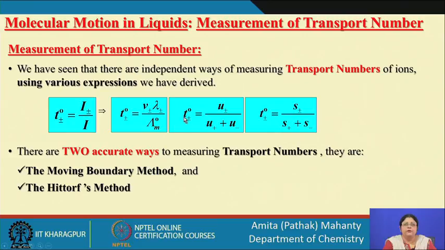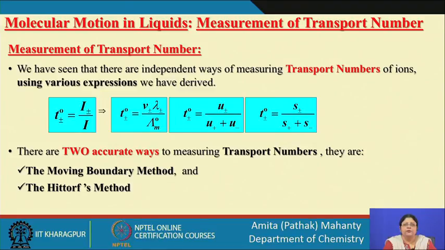And also we have seen that if you take the ratio of the ionic mobility of any of the ions divided by the ionic mobility of both the ions present in a system, we were essentially talking about one type of electrolyte where we can generate one type of cation and another type of anion.